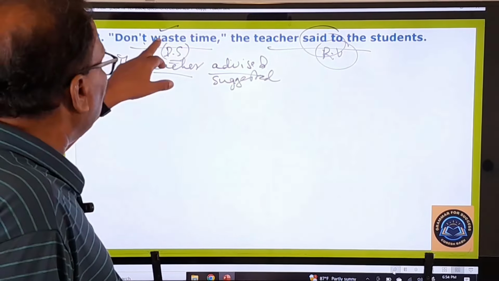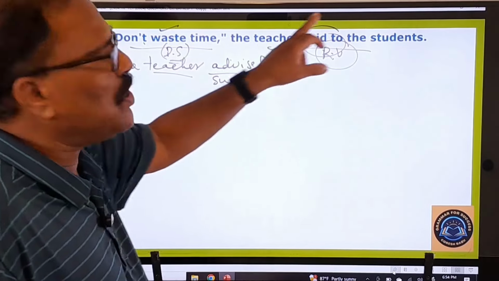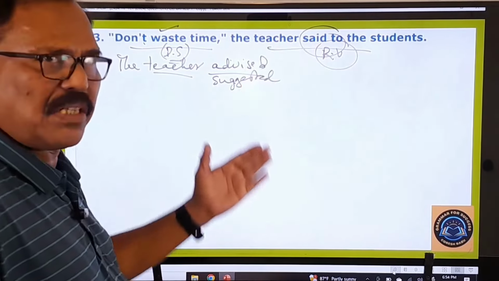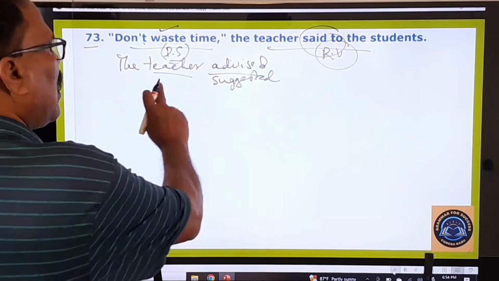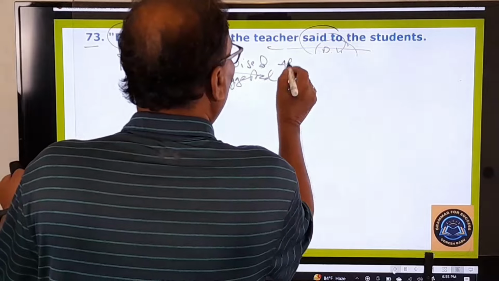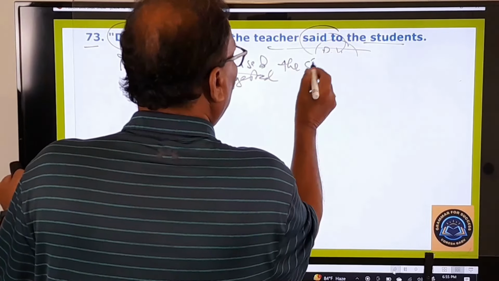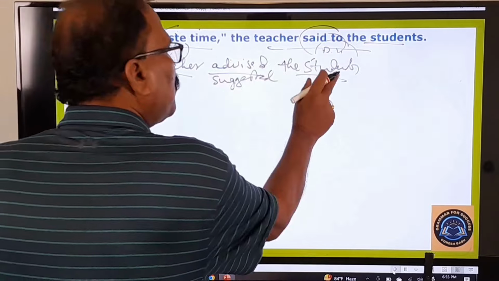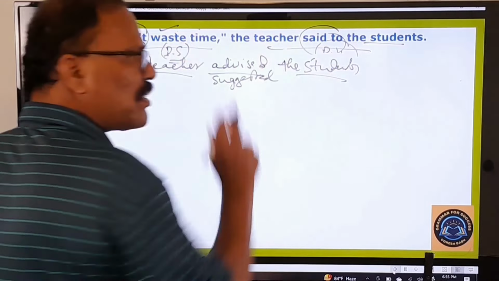If you think this statement is a kind of suggestion by the teacher, you turn the reporting verb into suggested. The teacher advised or suggested whom? The students. So here this must be used: the teacher advised the students, the teacher suggested the students.